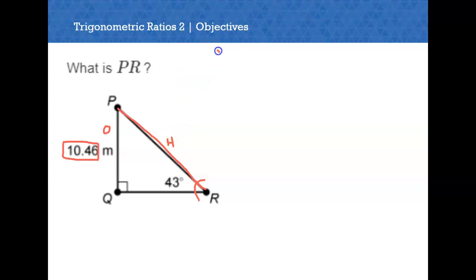So we are going to use sine, which is equal to the opposite over the hypotenuse. Notice here that our angle is 43. So we can say sine 43 is equal to the opposite, which is 10.46, divided by the hypotenuse, which is x.